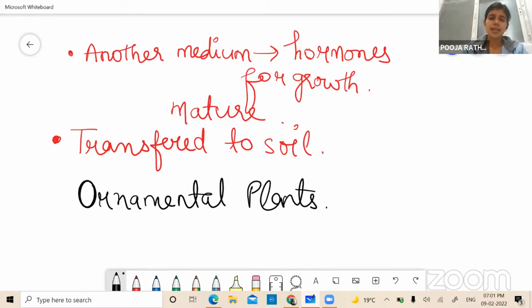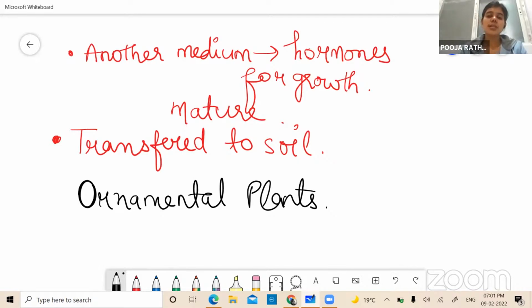First, the selected plants are collected, on which tissue culture has to be performed for the production of plants. After that, the removal of tissues or cells is done, separating the cells from which the new plant has to be grown.